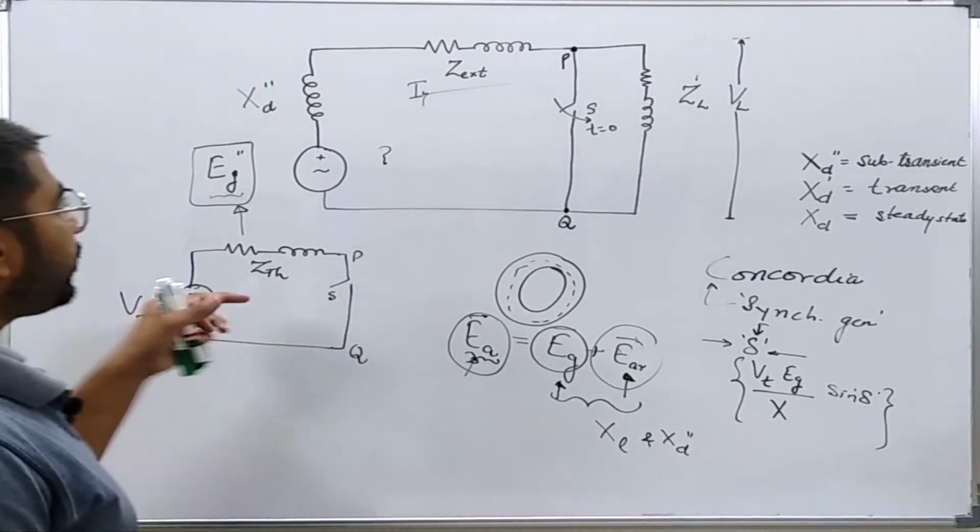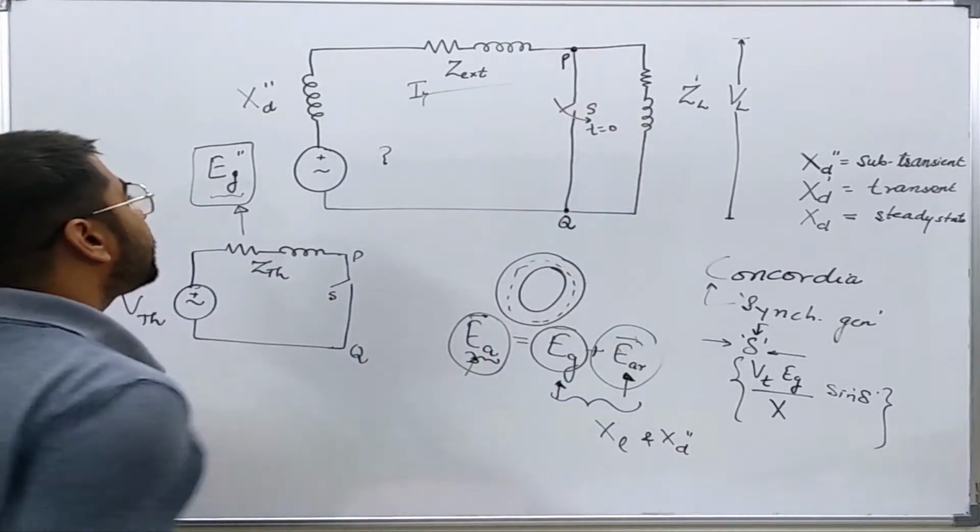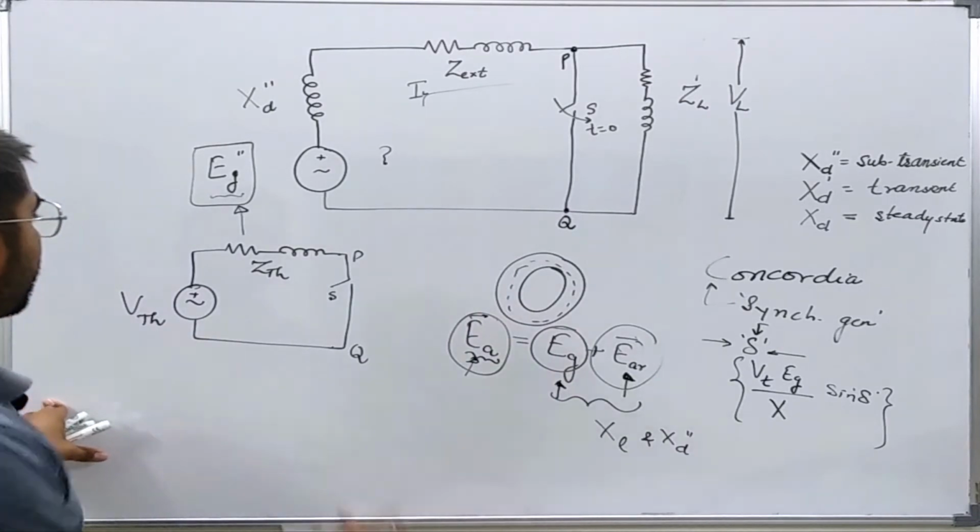Now V Thevenin is the open circuit voltage across points P and Q.